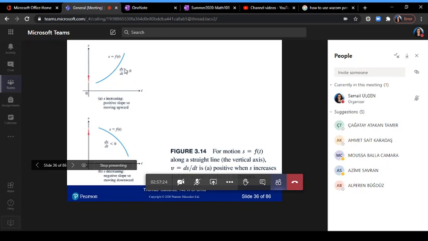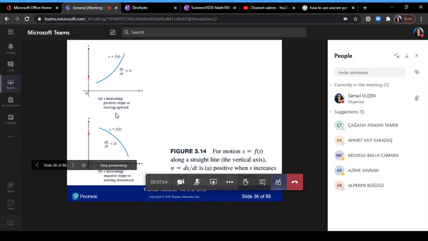So ds dt is, at the same time, the limit of that quotient, which is the slope of the tangent line. So the slope of the tangent line has to be positive. If the tangent line has a positive slope, that would mean velocity is positive, and you're going to continue to have displacement.